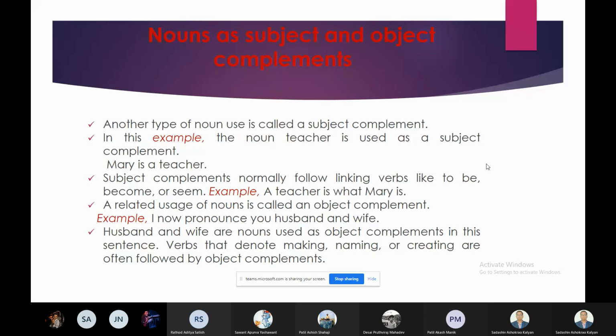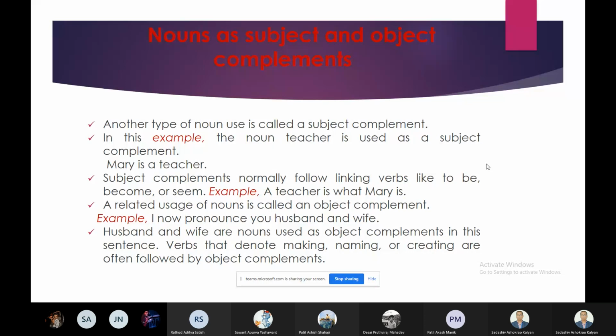So whenever we study especially about subject complements, these subject complements follow linking verbs. Okay, the various kinds of linking verbs like to be, become, or seem. So these subject complements normally follow these linking verbs. Example: a teacher is what Mary is.